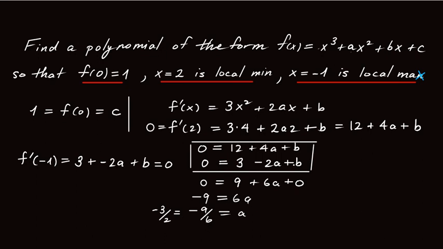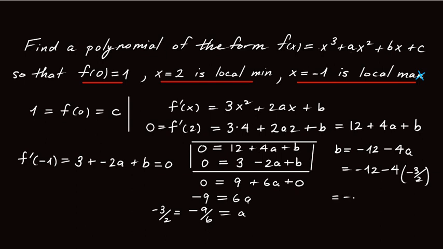And then for b, I can use a to substitute in to find out what b is. So b is going to be equal to, from say the first equation, minus 12 minus 4a. So that's minus 12 minus 4, and a is minus 3/2.